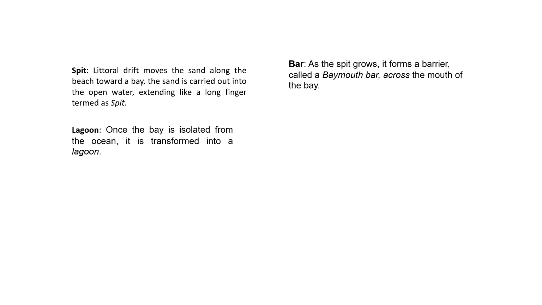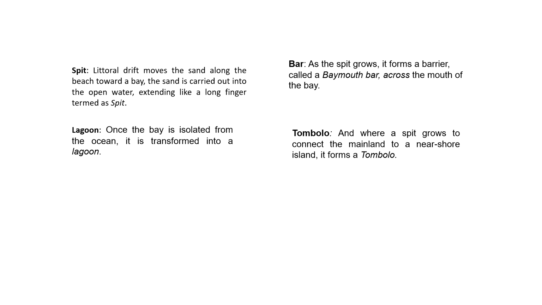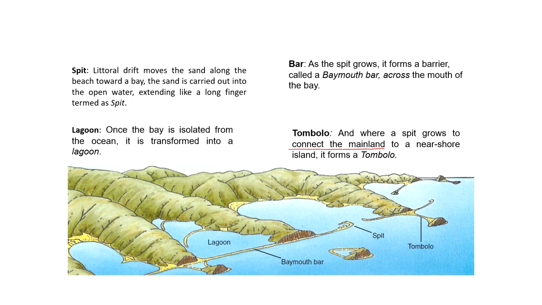Then you have bars and mouth bars, lagoons if they are closed, and tombolo if you are having a connected island, because of the nearshore island, we can say, that grows. Okay. So, this gives a complete picture of different landforms. So, you have a spit, and if they get connected, okay, then you will have formation of the lagoons.